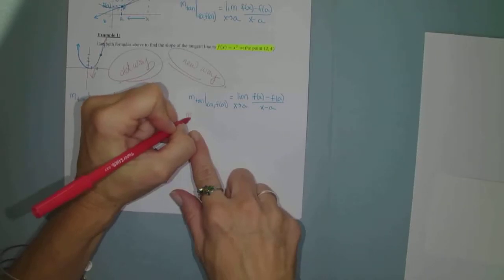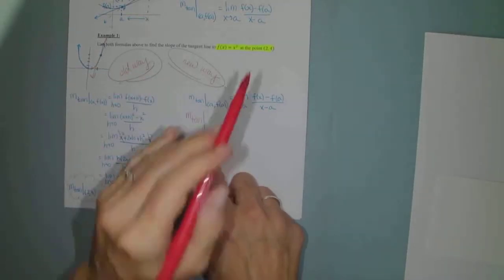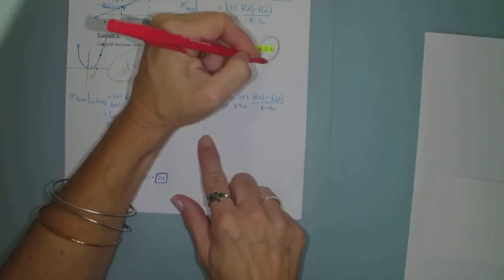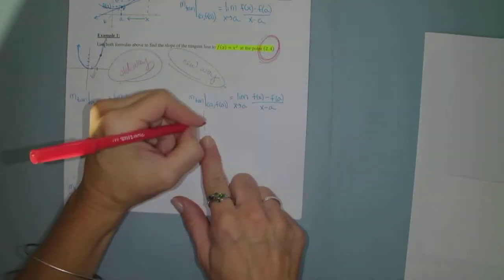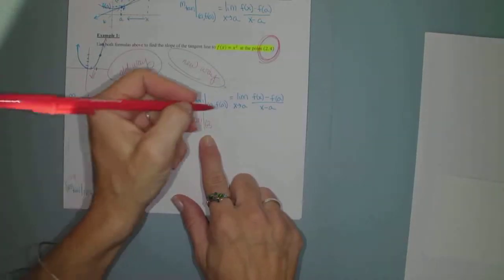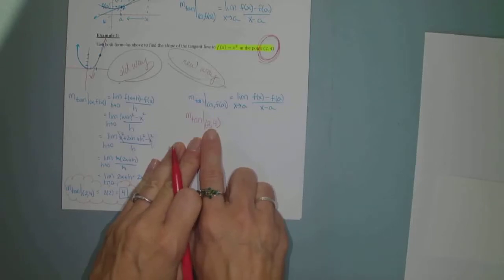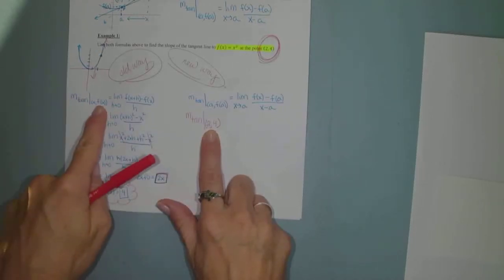I'll show you how. We're going to start with slope of the tangent line at. Now, we actually have a point they gave us, (2, 4). So we're going to let a be 2, and f of 2 we know is 4. So the difference is here we plug the point in right away. Here we did not.